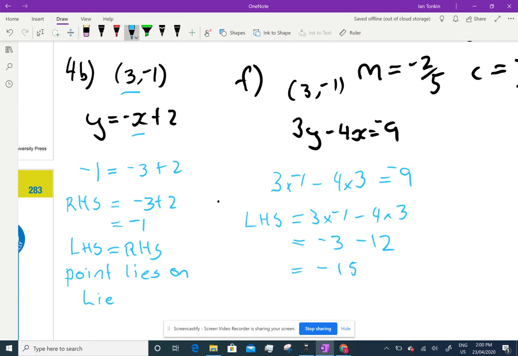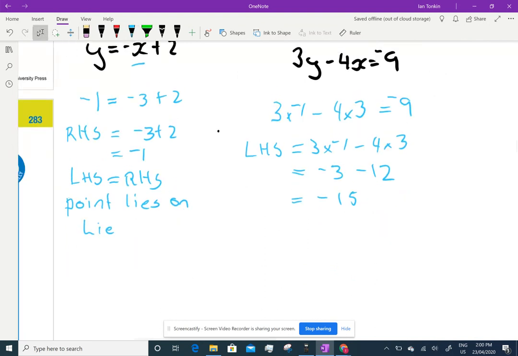So no, it does not satisfy the equation.